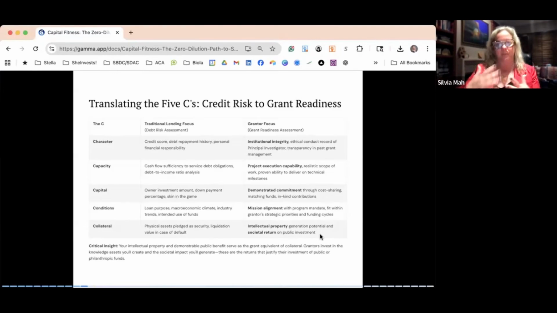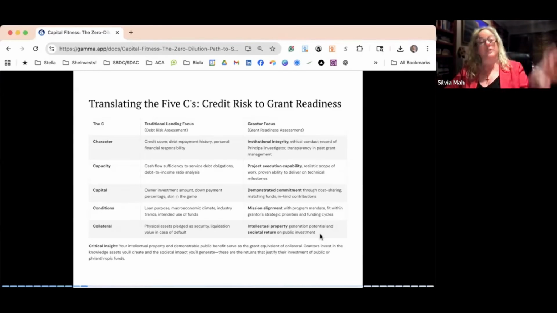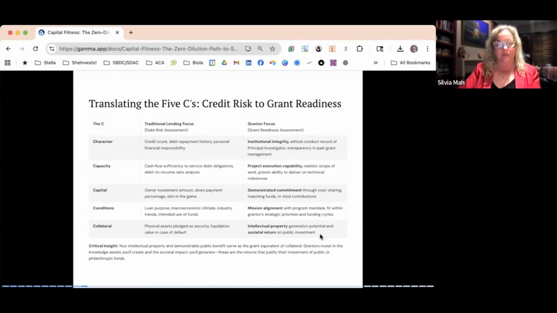So any kind of intellectual property, even trademarks and logos and all of that, is part of that IP protection. That is part of that collateral at the earliest stage. So hopefully this allowed you to really understand the credit risk of grant readiness, translating from bank lending to grant lending of sorts, right?